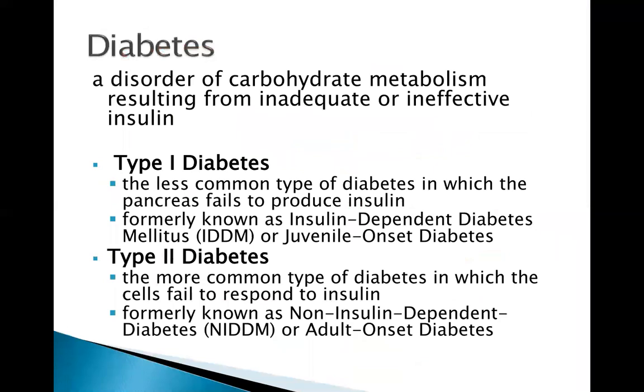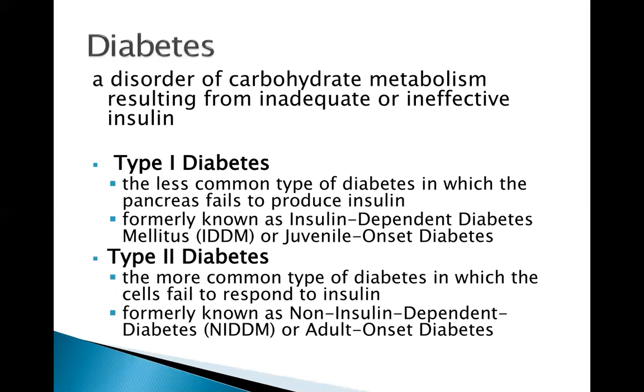Diabetes. I'm sure that everybody has at least heard of diabetes. Millions and millions of people worldwide are affected by diabetes, and almost everybody either has been affected personally or knows somebody who has been. There are two main types of diabetes: type 1 and type 2. Type 1 is actually an autoimmune disease, meaning the body attacks itself.